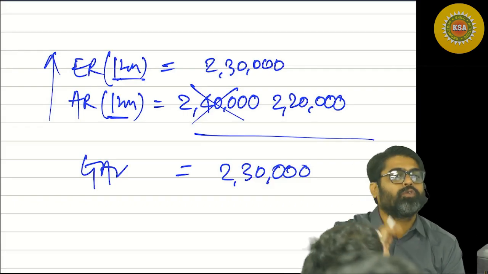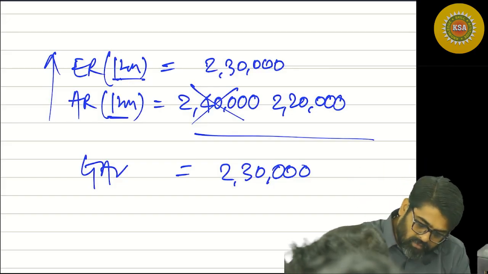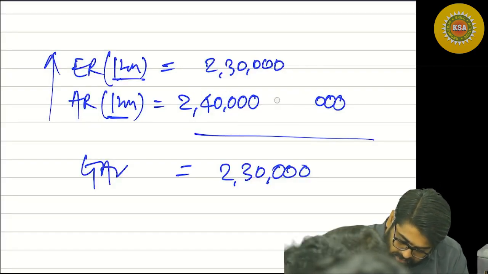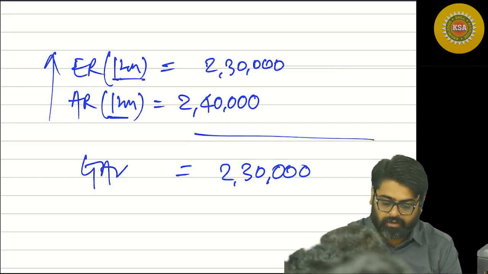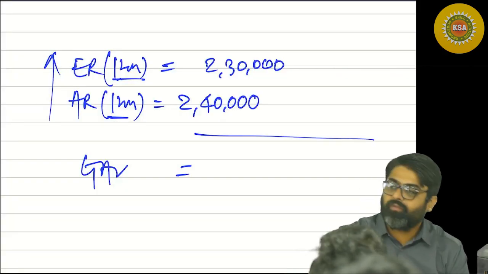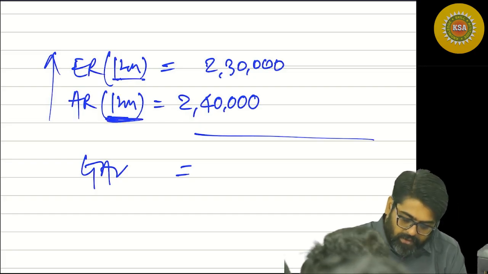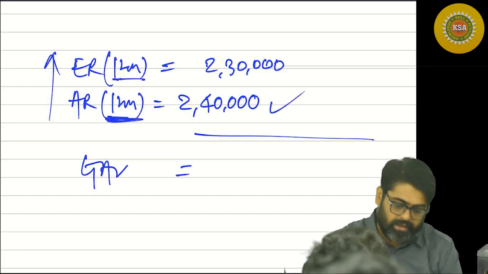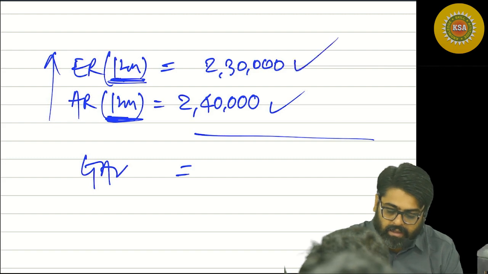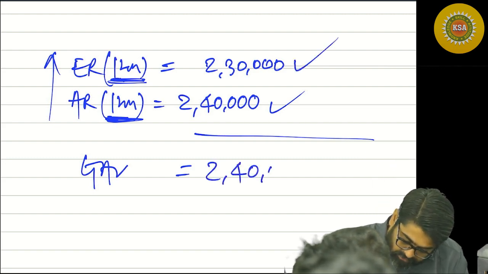So what will we do? Instead of reducing unrealized rent from the actual rent, we'll reduce it after calculating the GAV. Now tell me, if actual rent for the let out period is 2 lakh 40, and for 12 months the expected rent is whichever is higher, what will be my GAV?